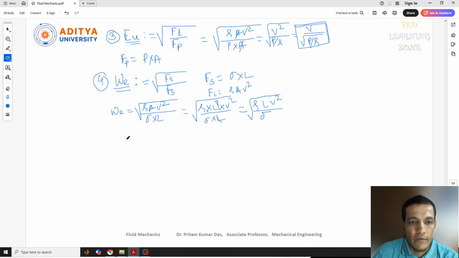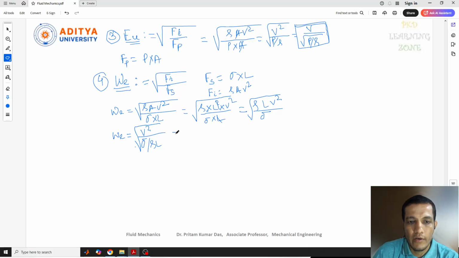Now again we can write Weber number equal to, taking these two terms, rho into L, to the denominator, sigma by rho L. So we can write v square by sigma by rho L, and this is whole root over.